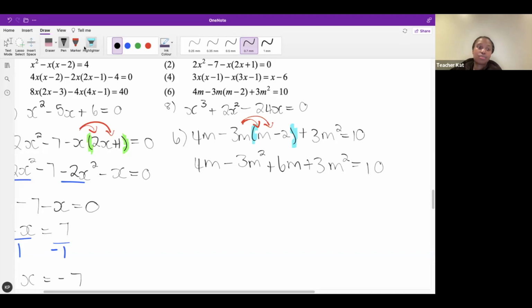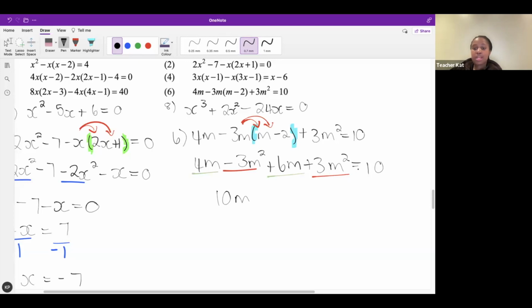Let's check our like terms. What are my like terms on the left-hand side? Yes, 4m and 6m as well as the m squareds. What is 4m plus 6m? That is 10m.